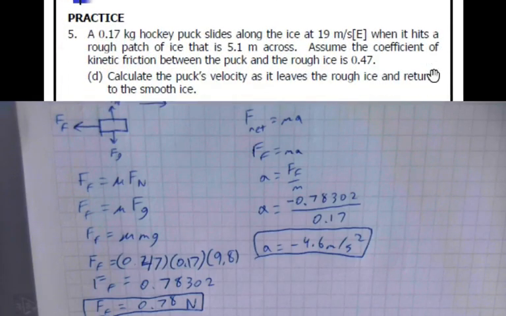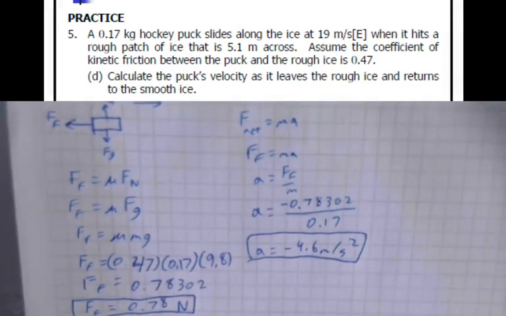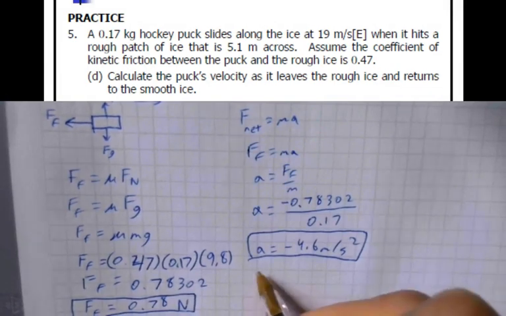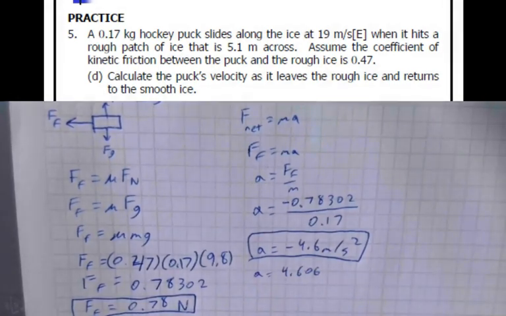And now the last part of this. Here it says to calculate the puck's velocity as it leaves the rough ice and returns to the smooth ice. Well, let's go back. Technically this was not 4.6, but it's actually 4.606.